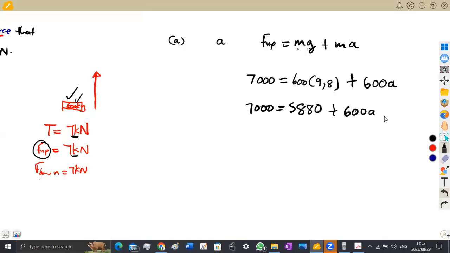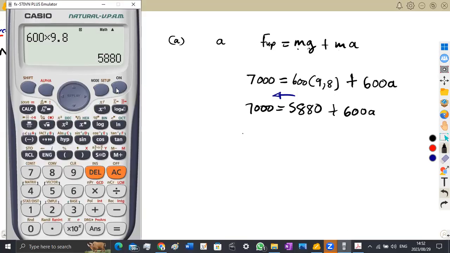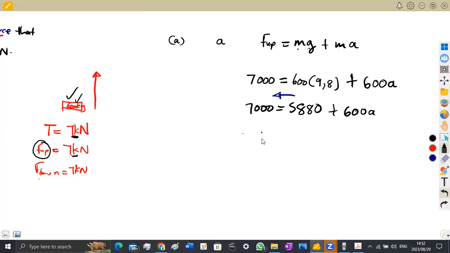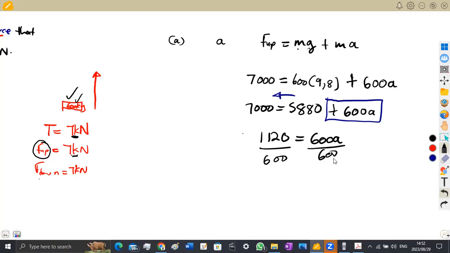So now we can make a the subject, transpose this to the other side. It becomes a negative. So we've got 7,000 minus this one. We can just subtract on our calculator, and 7,000 minus that answer is going to be 1,120, which is equal to 600a, because we want to calculate acceleration. So just divide by 600 both sides.